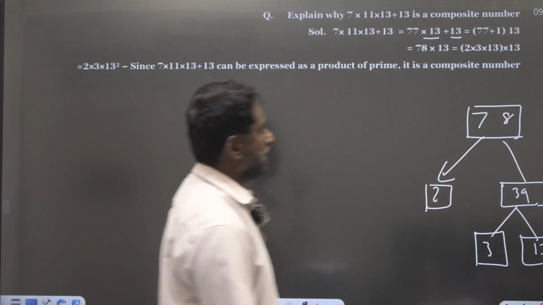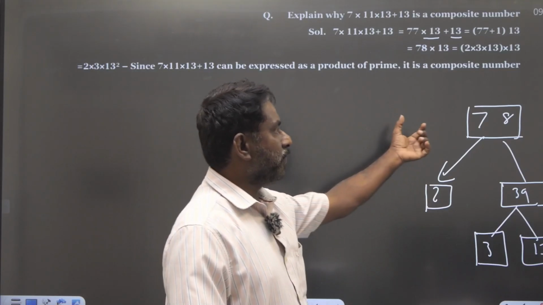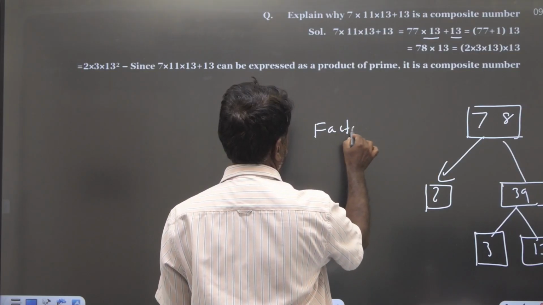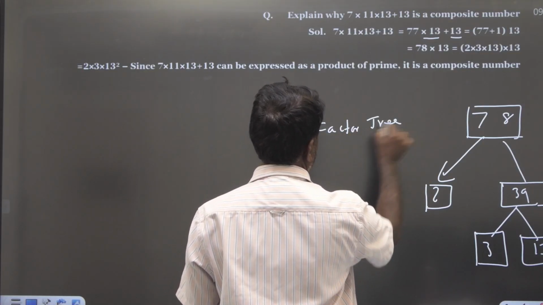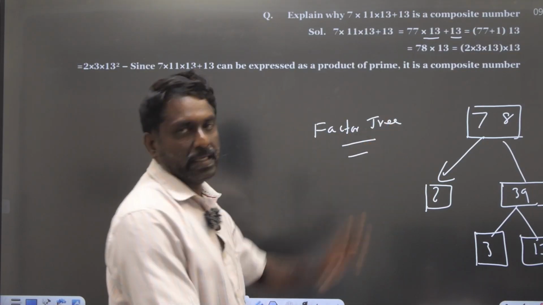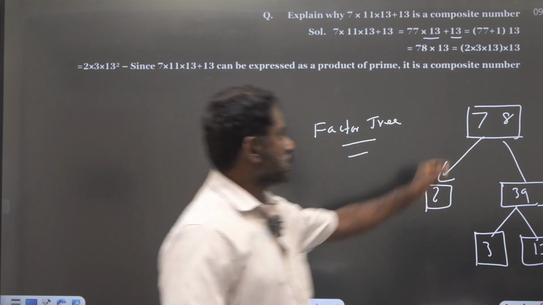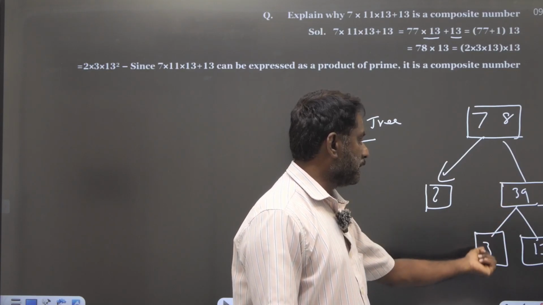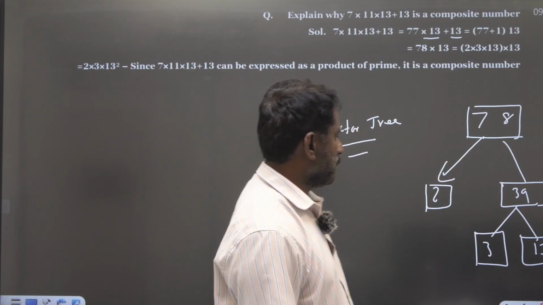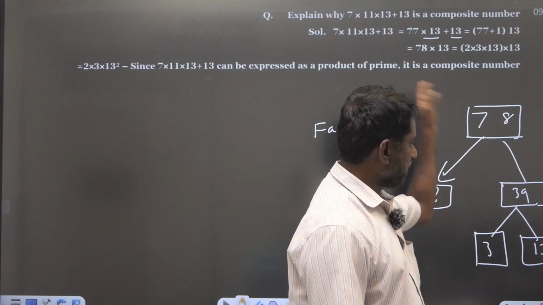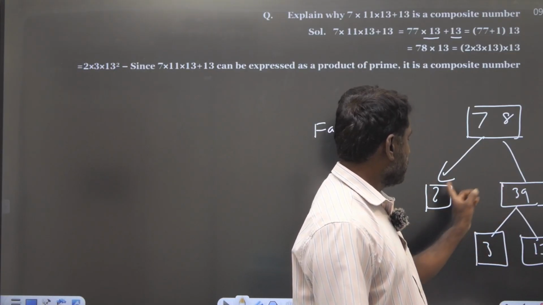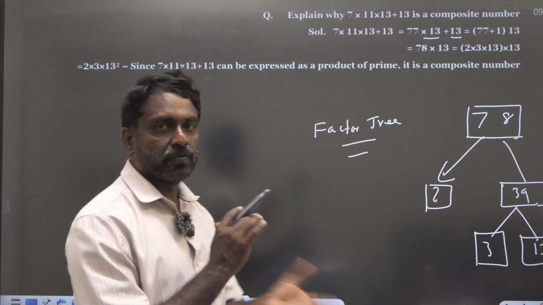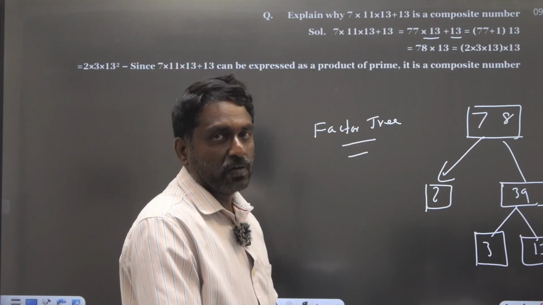This is called a factor tree of 78. 78 is factorized: first take 2 and 39, 2 into 39. Again 39 can be 3 into 13. So in the reverse order, 3 into 13 is 39, and again 2 into 39 is 78. Okay. This is the method of creating a factor tree of a number.